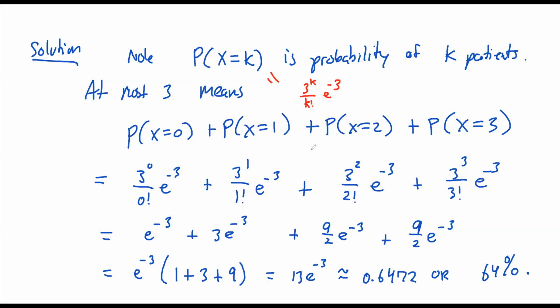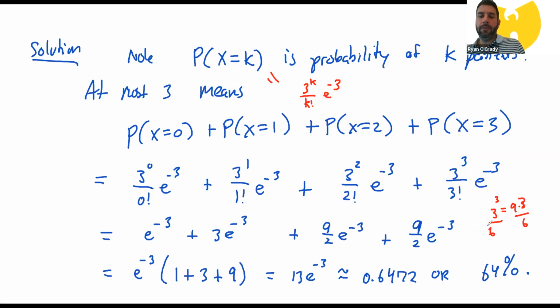The 3 to the 3rd power, wouldn't that be 27 though? It is, but this is over 3 factorial. That's a good question, but think about this. I'm thinking of 3 cubed as 9 times 3. That's 27. Do you agree? Yeah. But then downstairs you have 3 factorial, which is 6. So I have this over 6. And so this 3 and this 6, it cancels that 3.